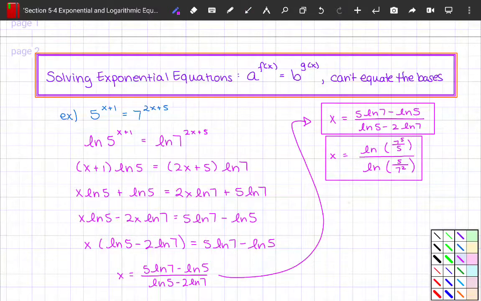Now, the other thing is we could type this in a calculator. And when you type it in on a calculator, you're going to get an approximation of about negative 3.558. Now, I want to point out something here. A lot of people think, oh yeah, the calculator is actually telling me negative 3.557735498.